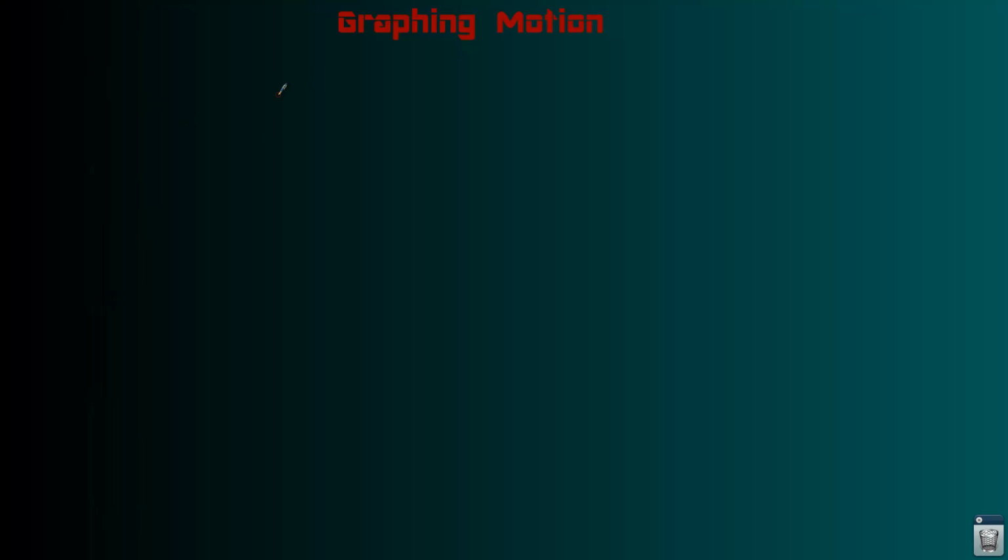This video, or probably set of videos, I'm going to discuss the graphing of motion. There are some relationships I'm going to show you between the graphing and deriving the kinematics.